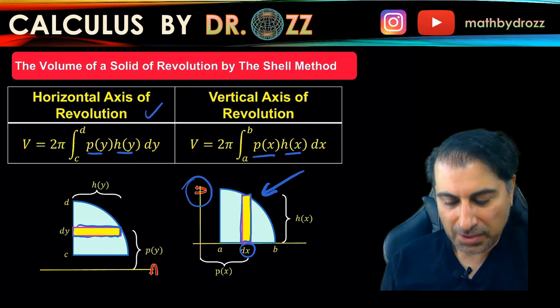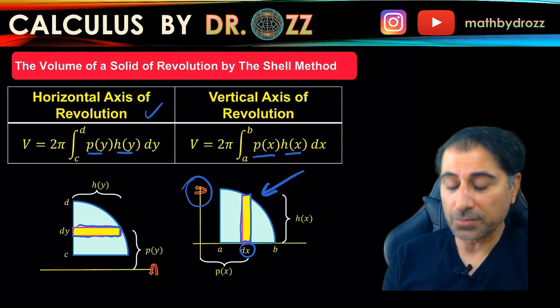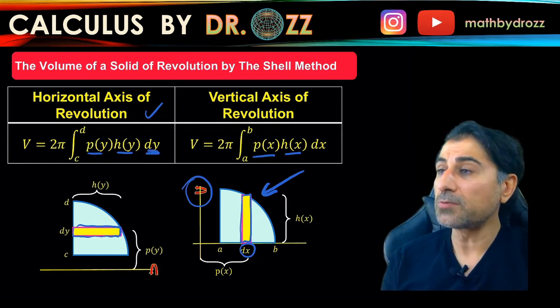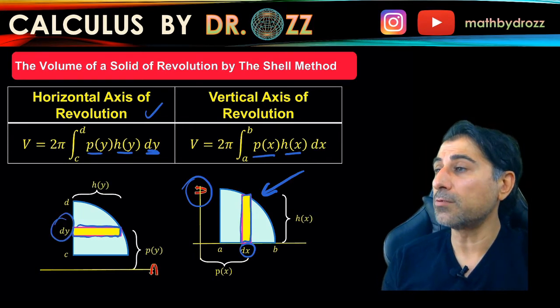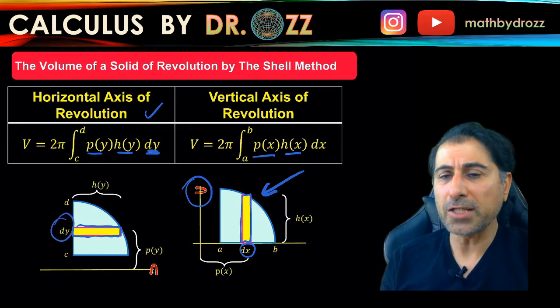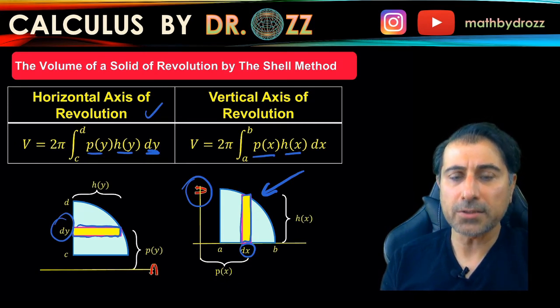And if you want to use the shell method with the horizontal axis of revolution, the integral must be written in terms of dy, so the thickness is going to be exactly equal to dy. This is the major difference between the shell method and the disk method.